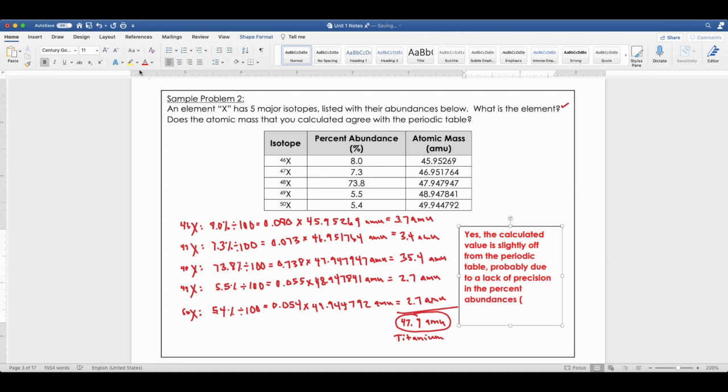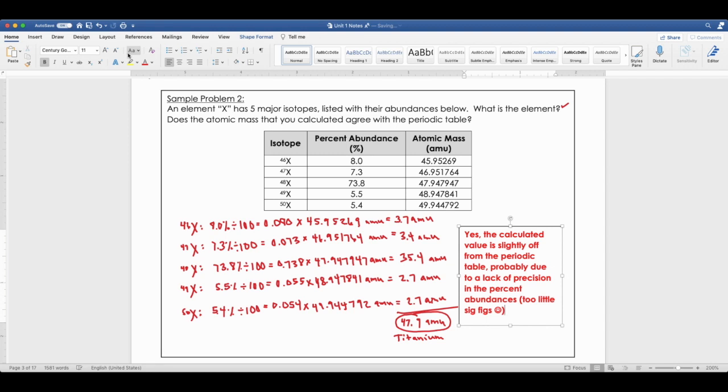And that's due to too few sig figs. Sig figs will always come back to haunt you. So, yes, this atomic mass does agree with the periodic table, but it's a little off, and probably because we don't have very many significant figures in those percent abundances.